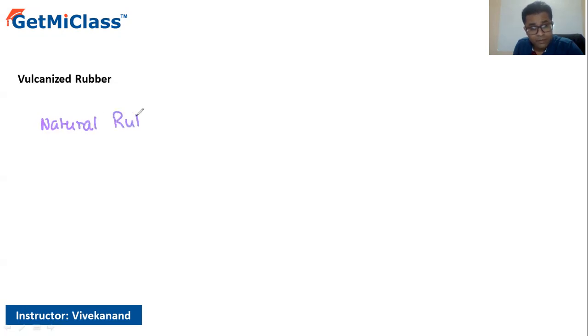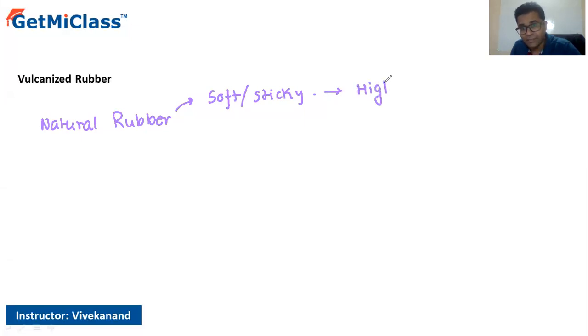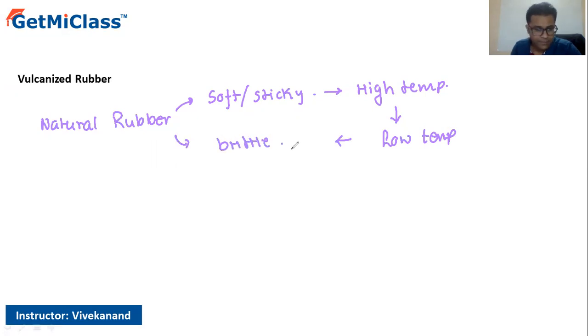This natural rubber is very soft and very sticky, exhibiting these characteristics at higher temperatures. As we come to lower temperatures, these rubbers become brittle and hard.